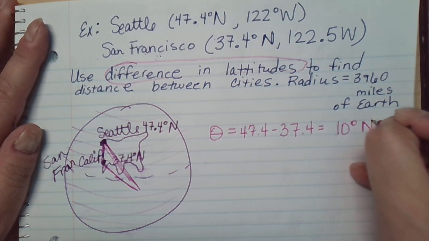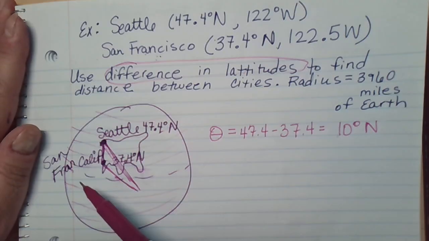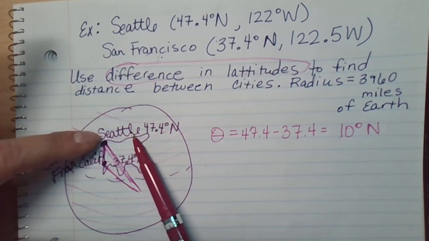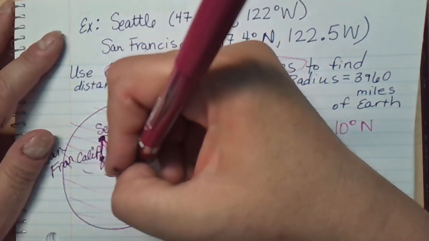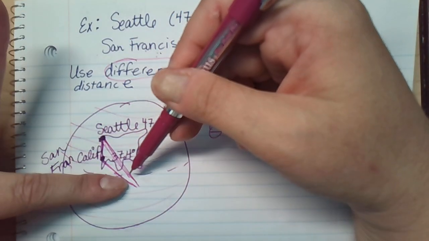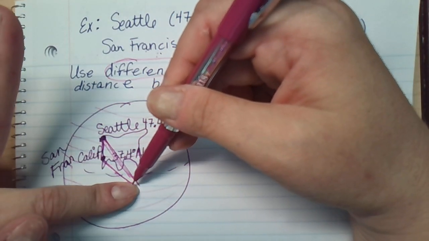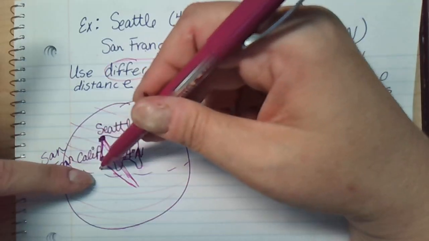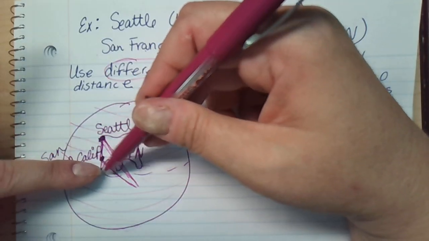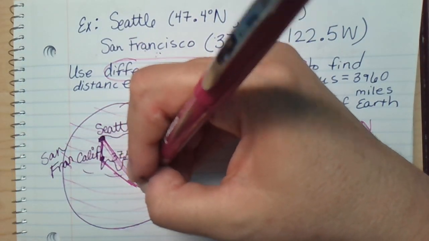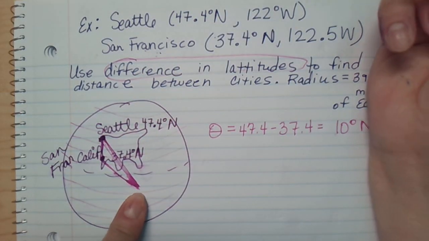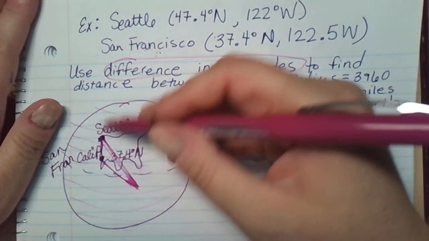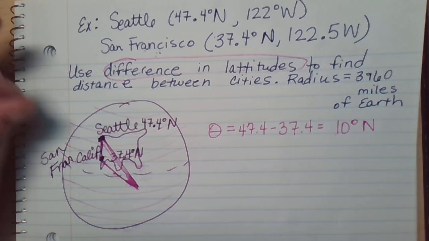So we're 10 degrees away from each other. Seattle is 10 degrees north of California. Or if I were to cut into the earth to the very center, with Seattle and California being the crust, that three-dimensional angle created on the inside near the crust would be 10 degrees. So these are 10 degrees different from each other.